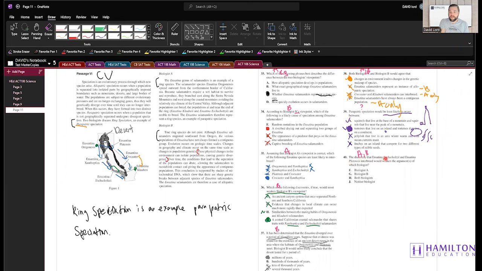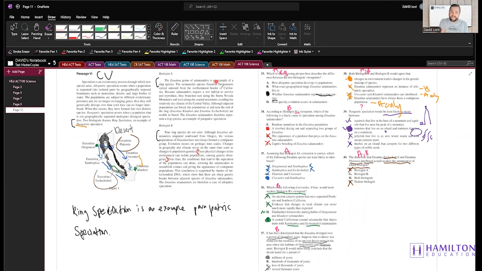All right, question 40. The discovery that the Schultzes and the Platonists can interbreed would weaken the arguments of which biologists? Well, I know for biologist B, they said that they're definitely different species, so if they could interbreed, even though they're very far apart and not in the same area, that would weaken biologist B, so it's not going to be F or neither.